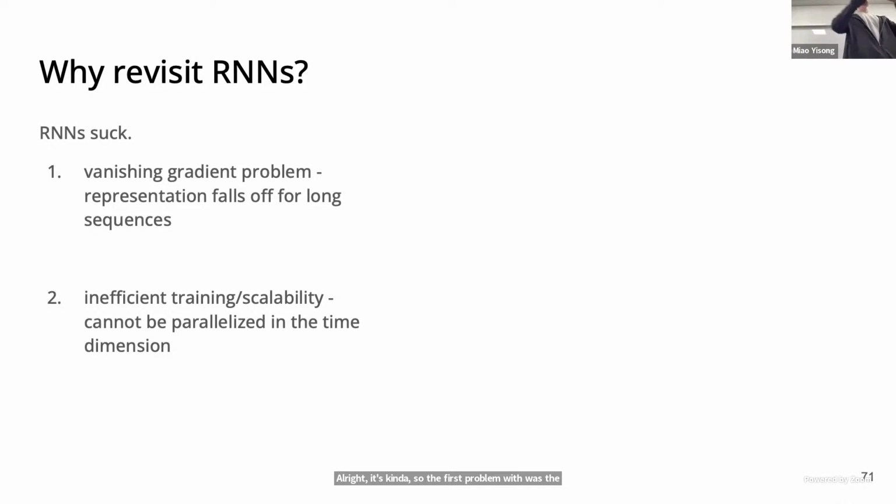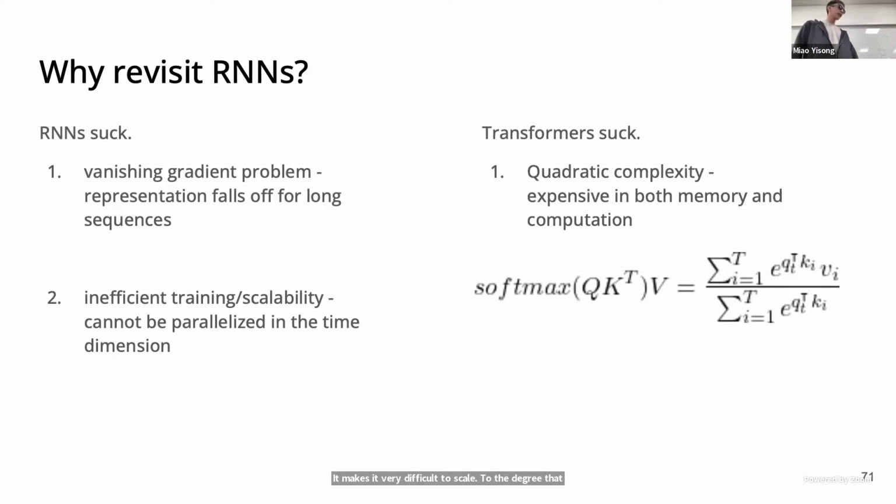If you have to train over an extended sequence, your gradient sort of just vanishes, right? And the second one is the lack of parallelization of RNNs. It makes it very difficult to scale RNNs to the degree that transformers can. But the other point that transformers suck is the quadratic complexity, which limits the context length.